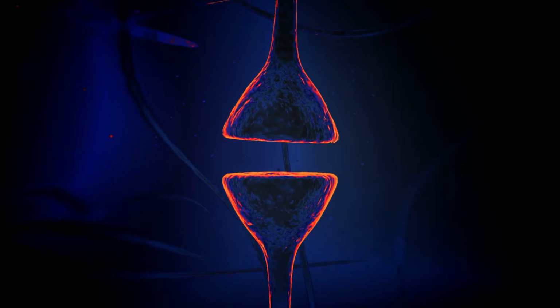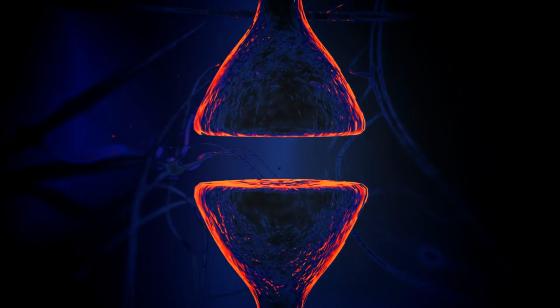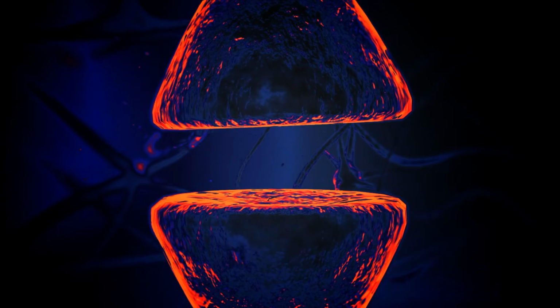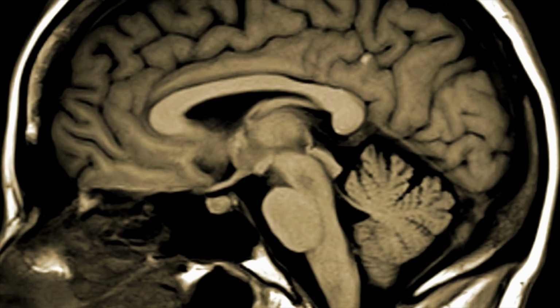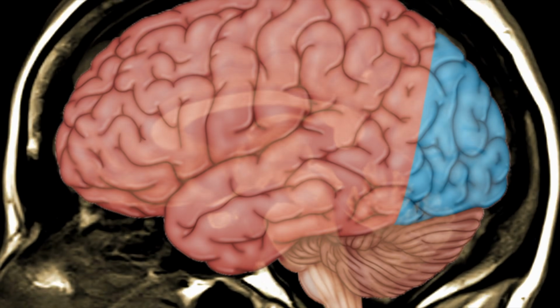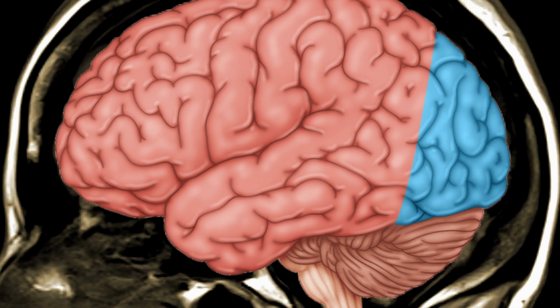This chemical response, a neurotransmitter, is converted into an electrical signal and passed through the optic nerve to the occipital lobe at the back of the brain. And here we perceive that electrical stimulation as vision and colour.